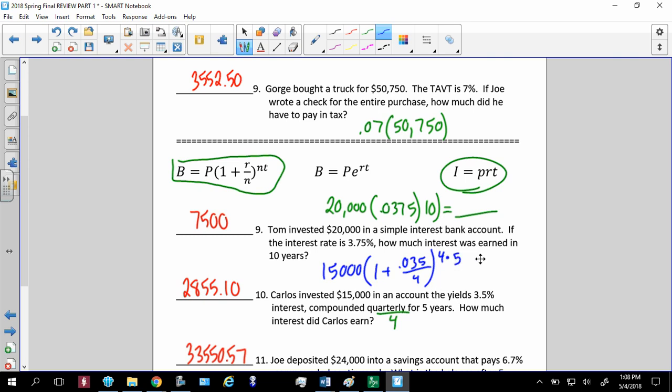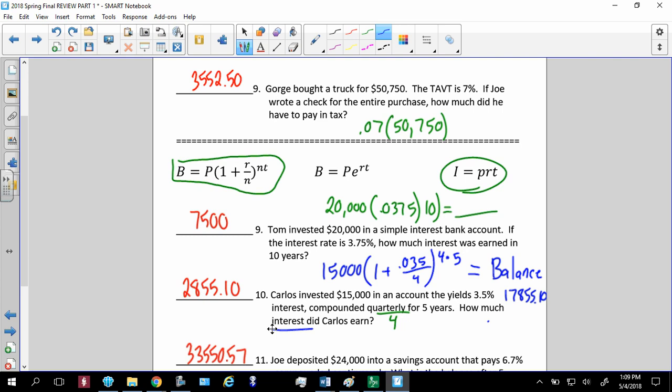When you get your answer, this will be the balance. That means how much money you have right now, which would be roughly $17,855.10.